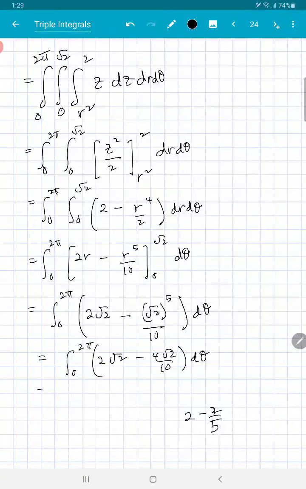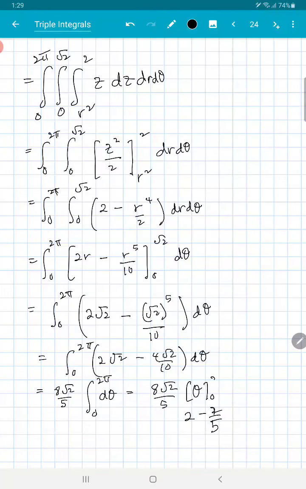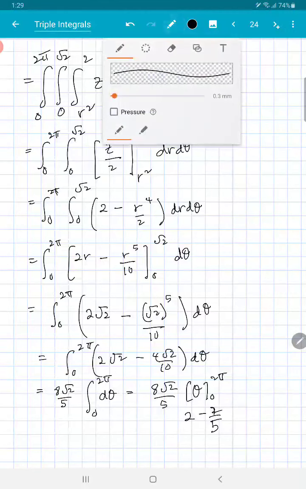So here we have 8 square root of 2 over 5, d theta, from 0 to 2 pi. So we have 8 square root of 2 over 5 times theta, from 0 to 2 pi.